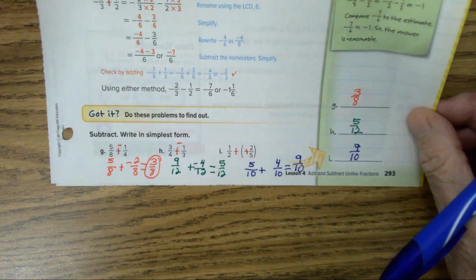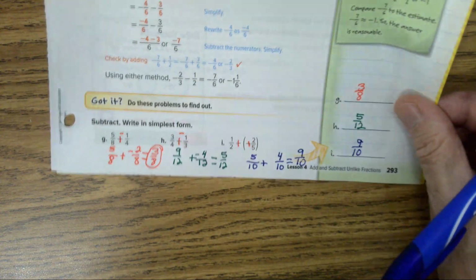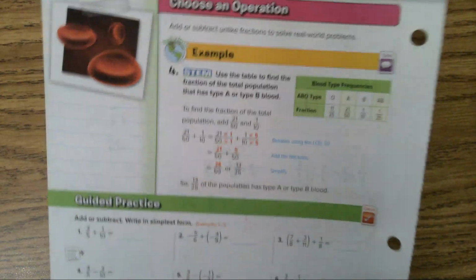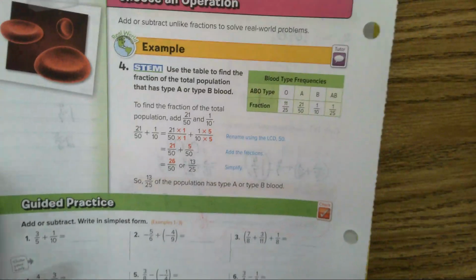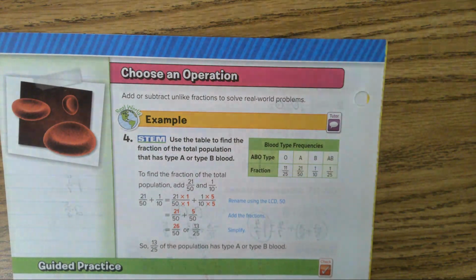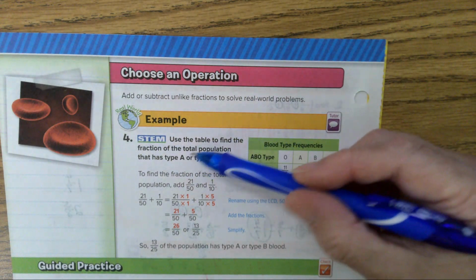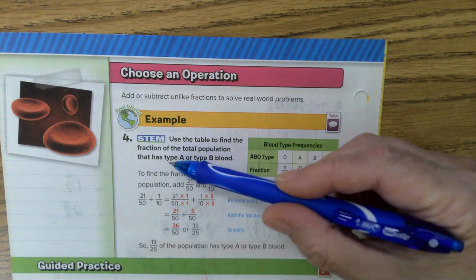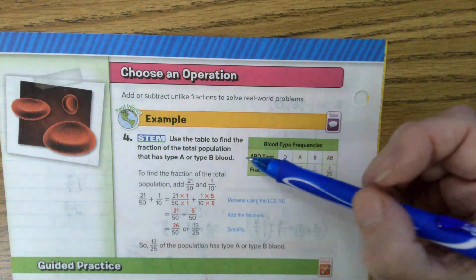Let's go to page 294. On page 294, we have to choose an operation here. Word problems. Use the table to find the fraction of total population that has type A or type B blood.